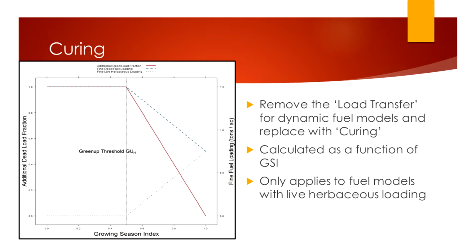Let's give the fine dead loading a weight of 10, and let's give the others a weight of 1 apiece. And they each have a fuel moisture associated with them. So maybe the fine deads are like 6, the coarse deads are like 15, and the lives are like 60.